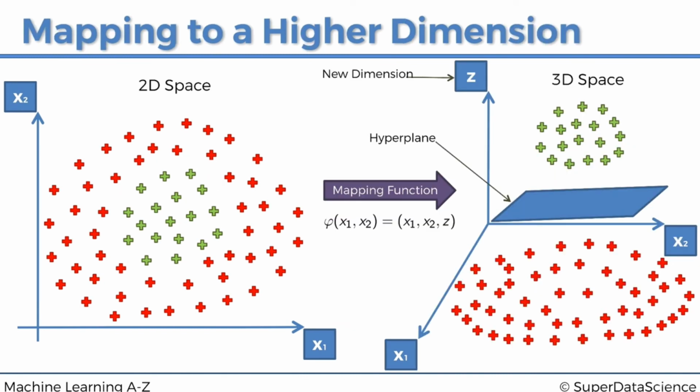And then by mapping our dataset in the original feature space to this higher dimension, well, first that created some new dimensions, and mostly that created a new feature space where our data was then linearly separable. But by doing that, we had more dimensions than the original number of dimensions, so we still needed to apply the PCA dimensionality reduction technique to end up with a lower number of dimensions.